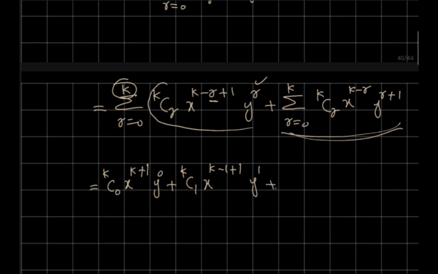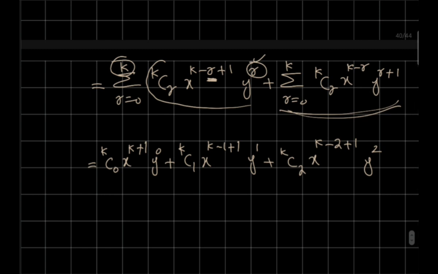Now put r is equal to 2, you will get kC2 x to the k minus, now you are putting 2 instead of 1, so k minus 2 plus 1. Again here you have to put 2, y to the 2. So we will carry on this work up to k minus 1 and then k.